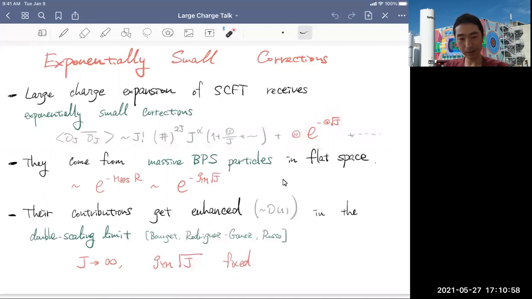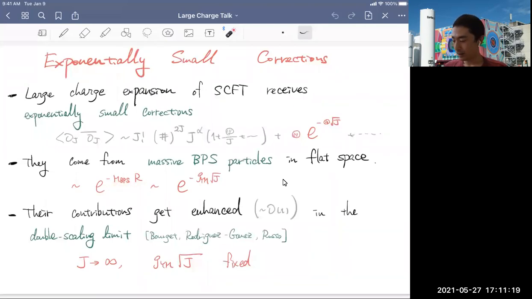The physical interpretation is that they come from massive BPS particles in flat space, because if you take the large charge limit, you can approximate things in terms of flat space physics. This correction can be interpreted as the virtual propagation of a massive BPS particle.